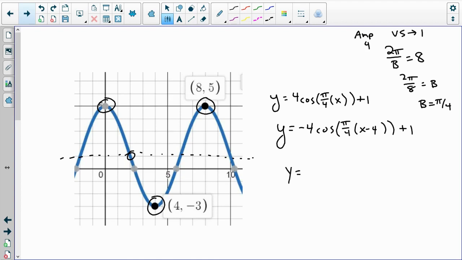If I want to write a positive sine graph, 4 sine pi over 4, and then I figure out where it is. It looks like that's a left shift of 2. I also could do a right shift of 6, but I'll do the left shift of 2. So I have x plus 2. And I just wrote a bunch of different examples here.